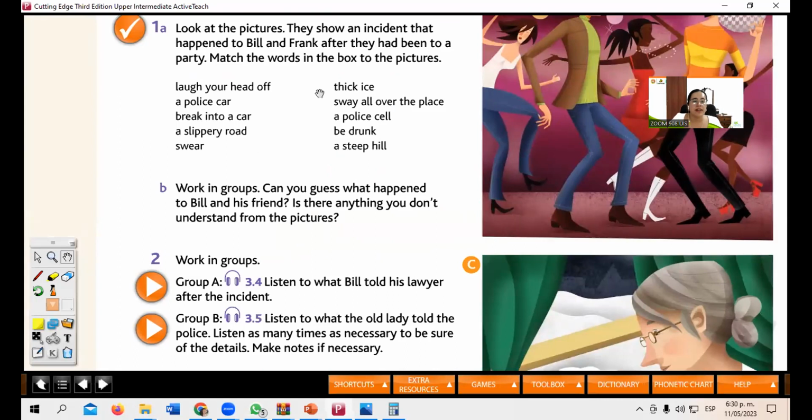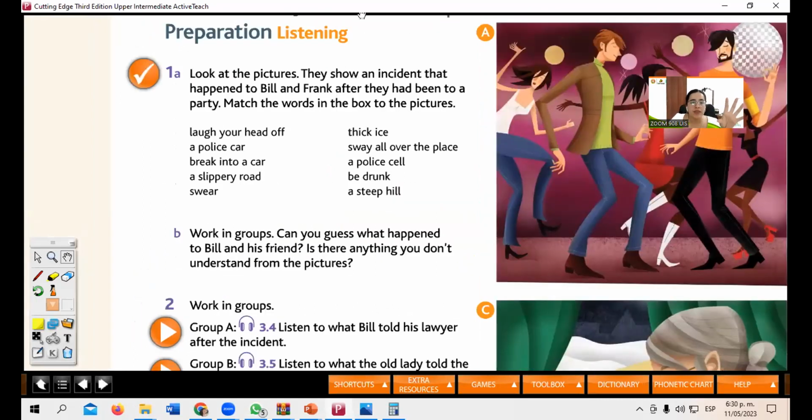Tell me, guys, let's clarify the meaning of some of these words. So for the first phrase, laugh your head off. Do you know what this means? What's the meaning of this phrase? To laugh your head off? No idea?